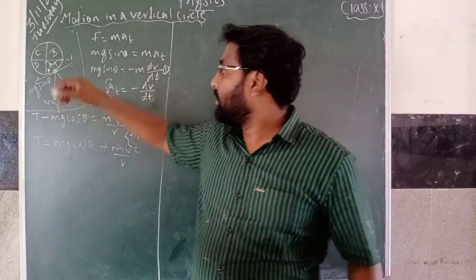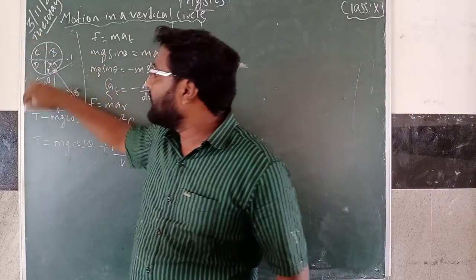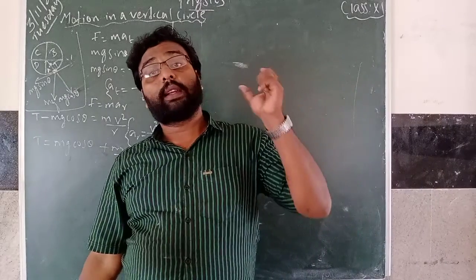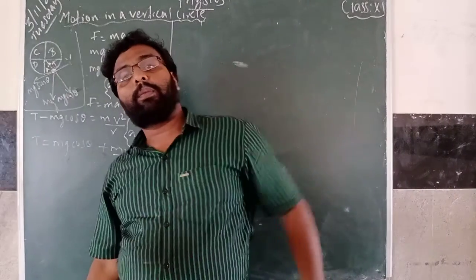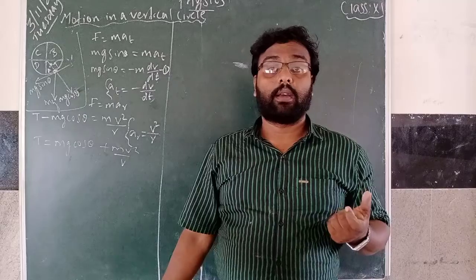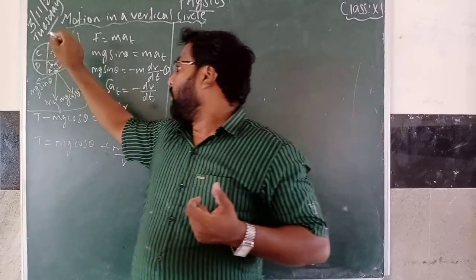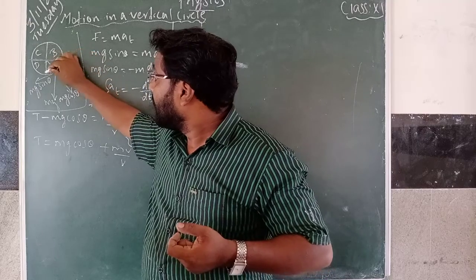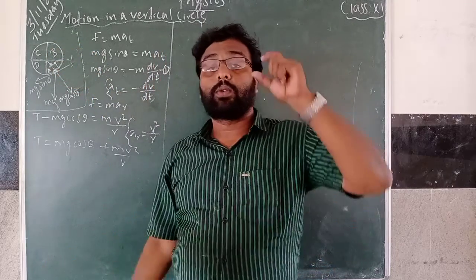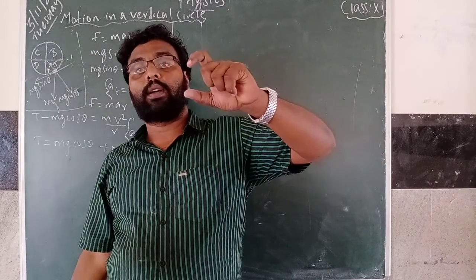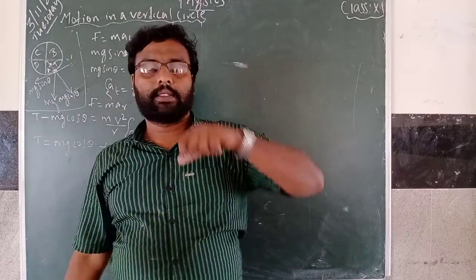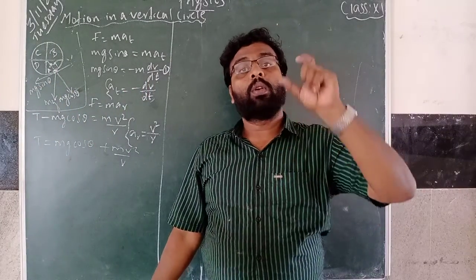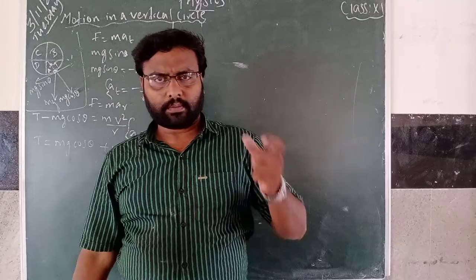So during the motion between minus pi by 2 to plus pi by 2. Pi by 2 means what? 90 degree. When the mass reaches 90 degree to this, so 90 degree to another 90 degree, that is minus pi by 2 to plus pi by 2.